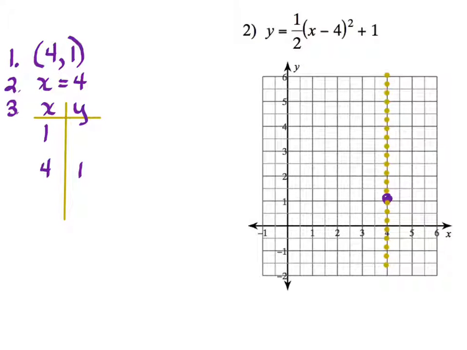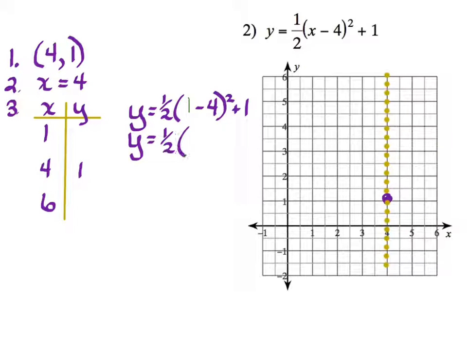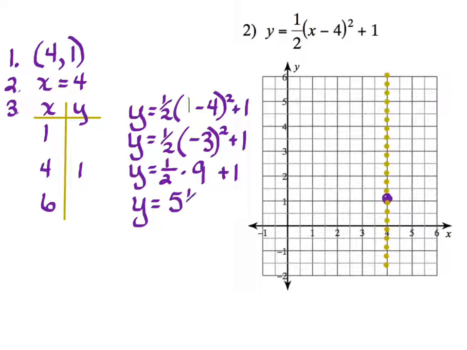I went 3 units away from 4 to the left, and 2 units away from 4 to 6, and this is where you plug in, take out x, put in 1. 1 minus 4 is -3. Don't be afraid of fractions here. Half of 9 is 4.5, plus 1 is 5.5.